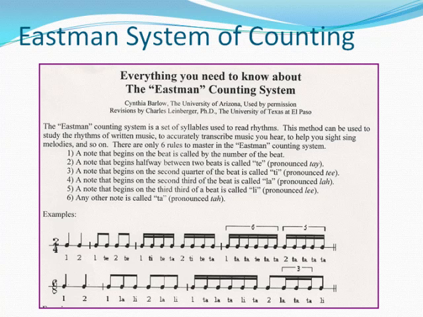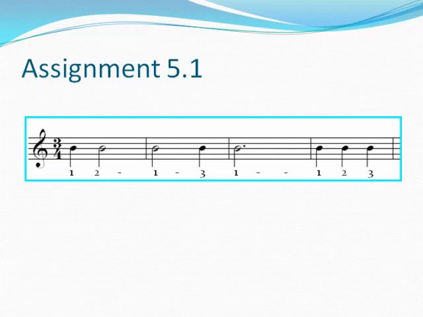So what is going on with assignment 5.1? You should already have your knowledge of what notes look like, the stems, the ball of the note, the equivalence, and all of that, which we covered in a previous lesson.